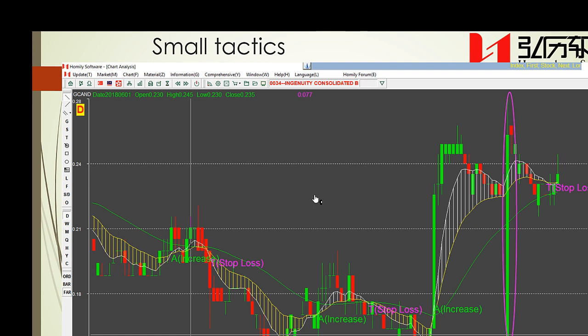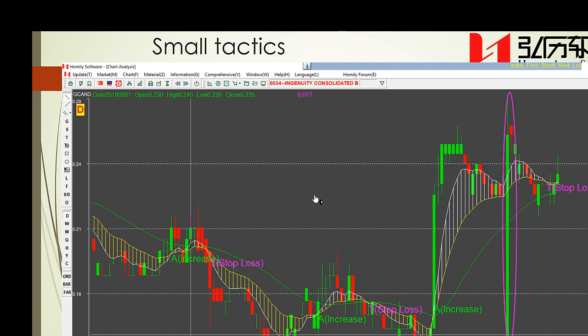But we can see the banker is very smart. If we draw a line here, we will see the price still breaks out of this area. So mostly from our technical analysis, if the price breaks out, we should hold it, right?